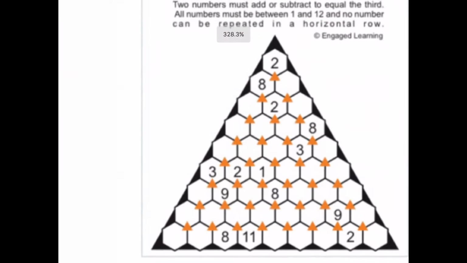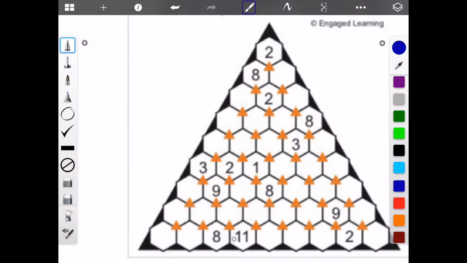So I'm going to zoom this in a bit so I can write a nice size without having to scribble. And so, we can't have numbers repeating in a row like that. And when you do a triangle, it's 1 on the top, 2 on the bottom.